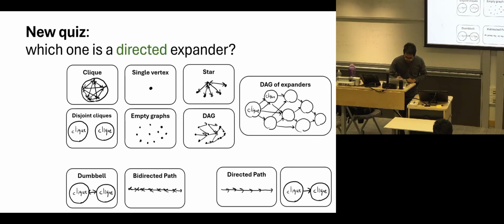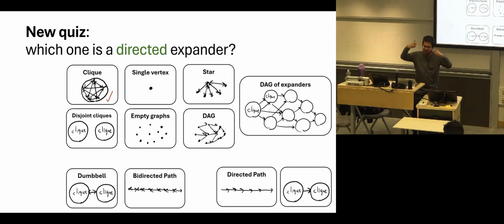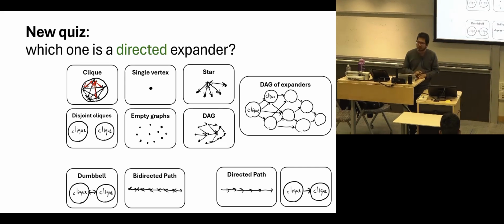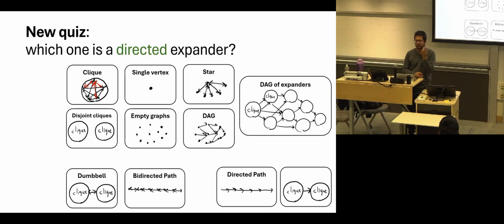Let's start with a clique, where you really have edges in both directions for every pair of nodes. Is this an expander? Yes, right? How about a single vertex? Yes?